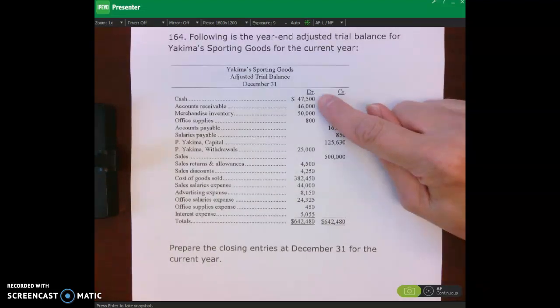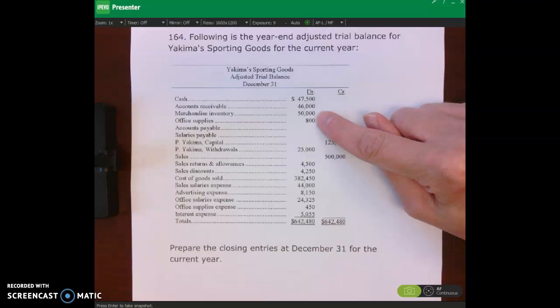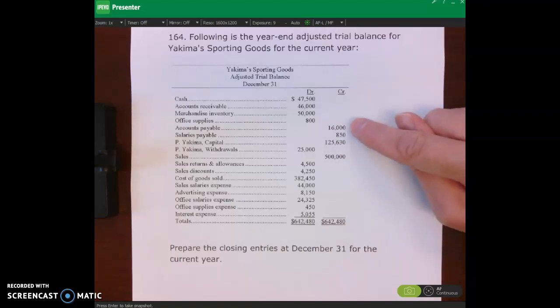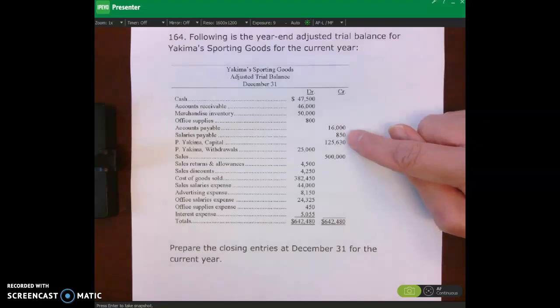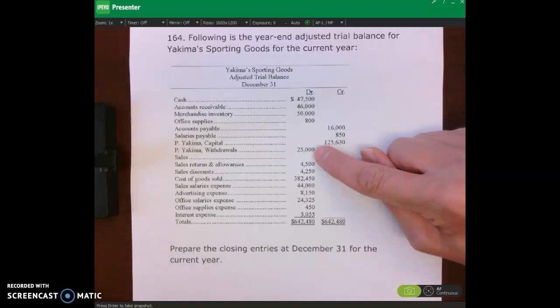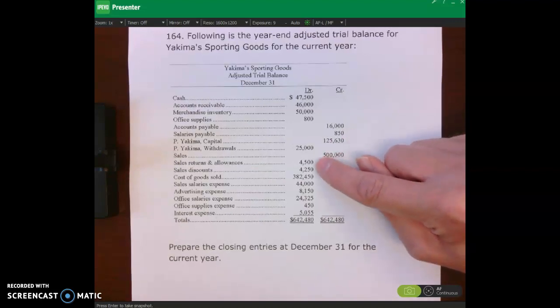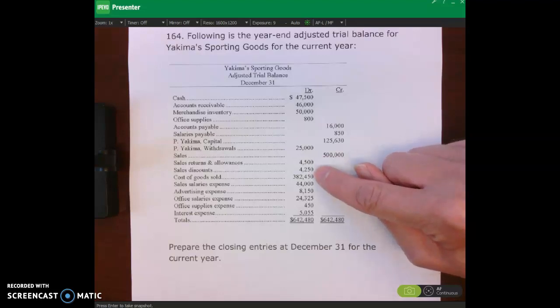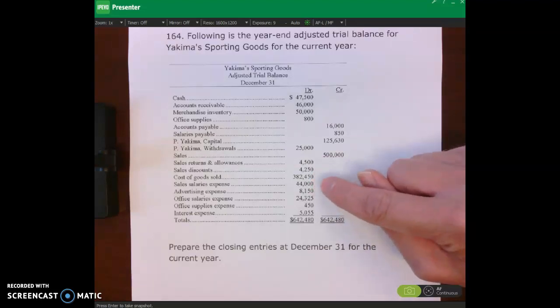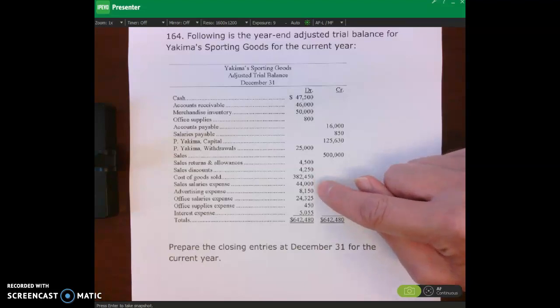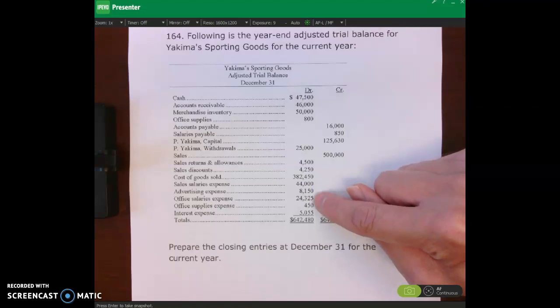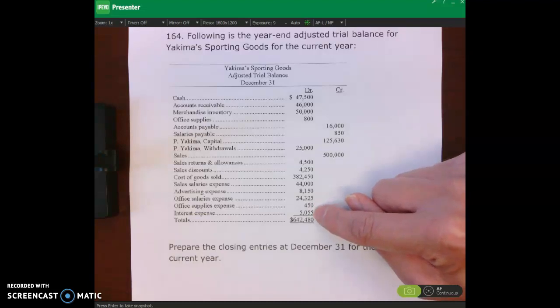So we have cash at $47,500 debit, accounts receivable $46,000 debit, merchandise inventory $50,000 debit, office supplies $800 debit, accounts payable $16,000 credit, salaries payable $850 credit, capital account $125,630 credit, withdrawals of $25,000 debit, sales of $500,000 credit, sales returns and allowances $4,500, sales discounts of $4,250, cost of goods sold $382,450, sales salaries expense $44,000, advertising expense $81,550, office salaries expense $24,325, office supplies expense $450, and then interest expense $5,055.